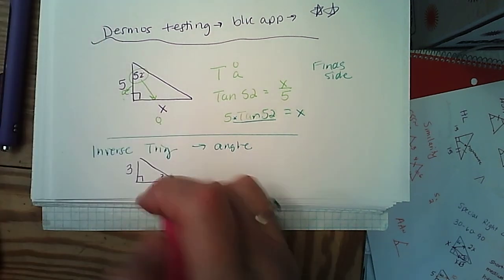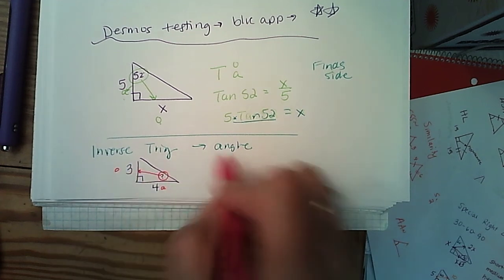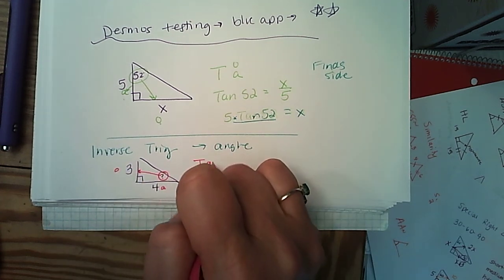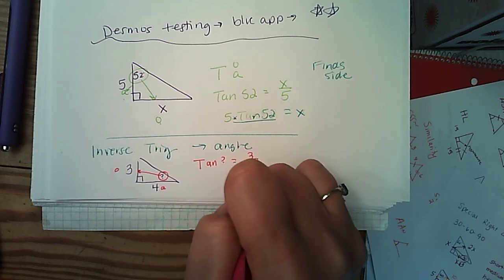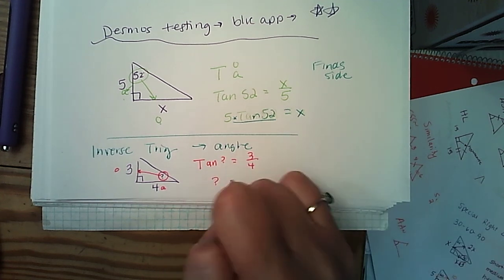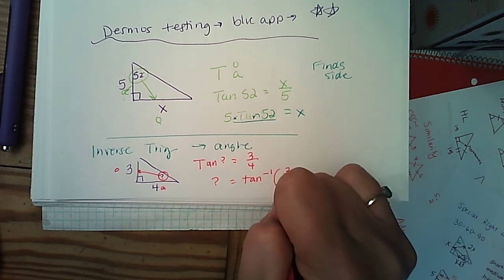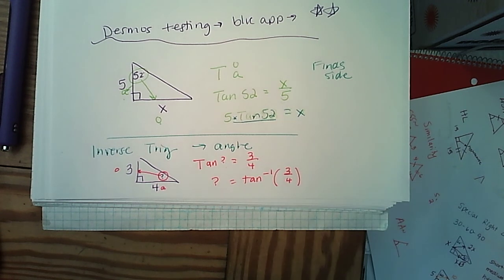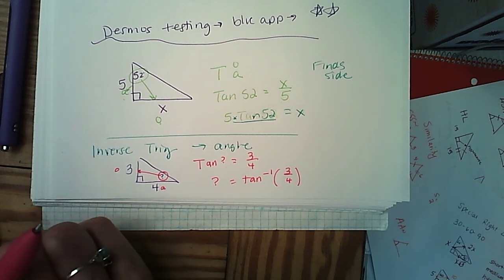Well, what am I given? I'm given an opposite and an adjacent, so it's a TOA. So the tangent of whatever this is equals my opposite over my adjacent. But because I don't know the angle, the question mark equals the inverse tangent, which is that second button, 3 over 4. And just put it in the calculator all at one time. I would just say tangent -1, parenthesis 3 over 4, equals, to get the degree of my angle.